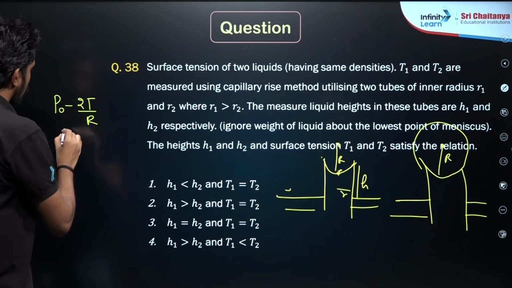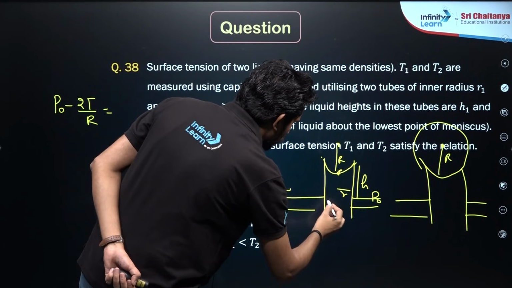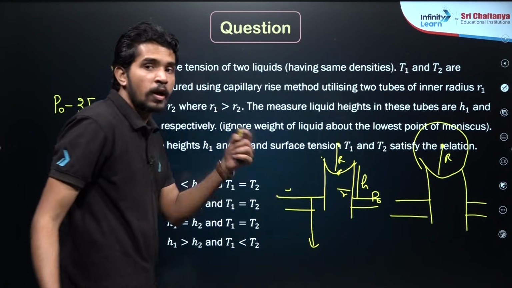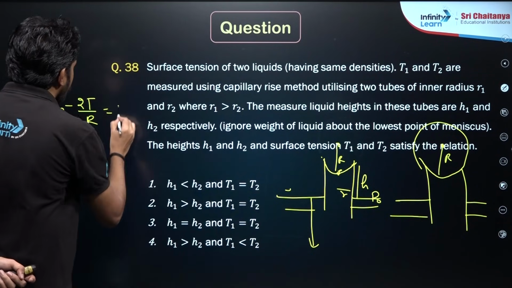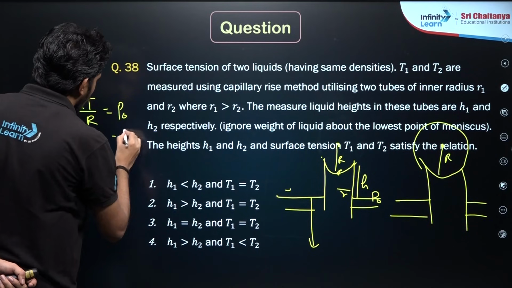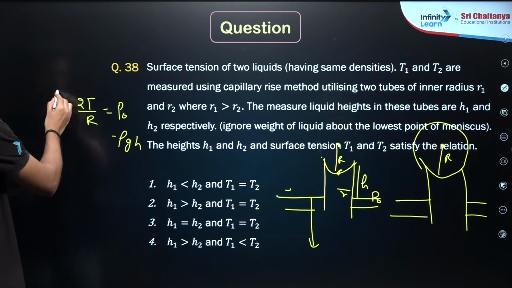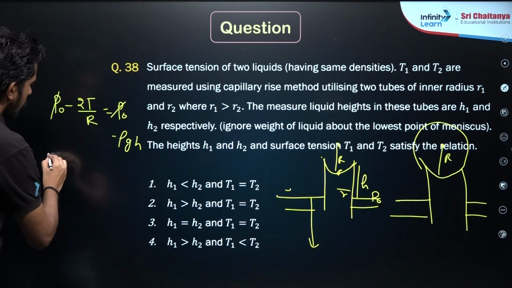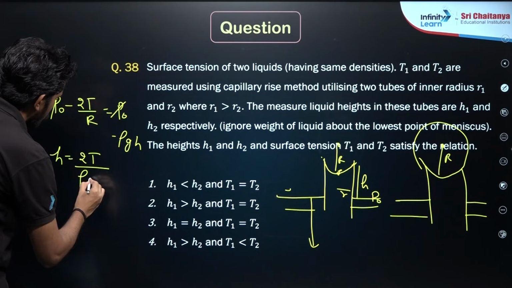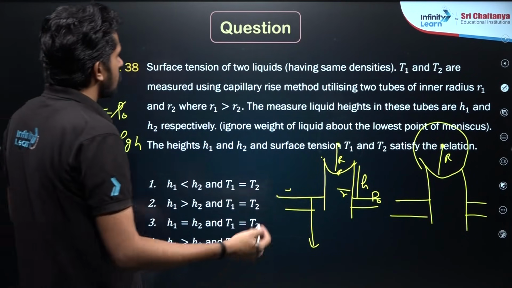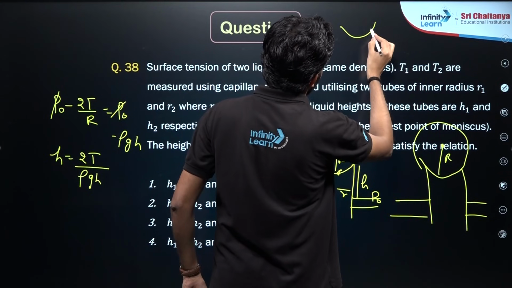Similarly, if here pressure is P naught, then in the depth pressure is P naught plus rho gh. When you are going upwards, then P naught minus rho gh equals P naught minus 2T by R. Rho is the density of liquid. Now from there h is 2T by rho g R.